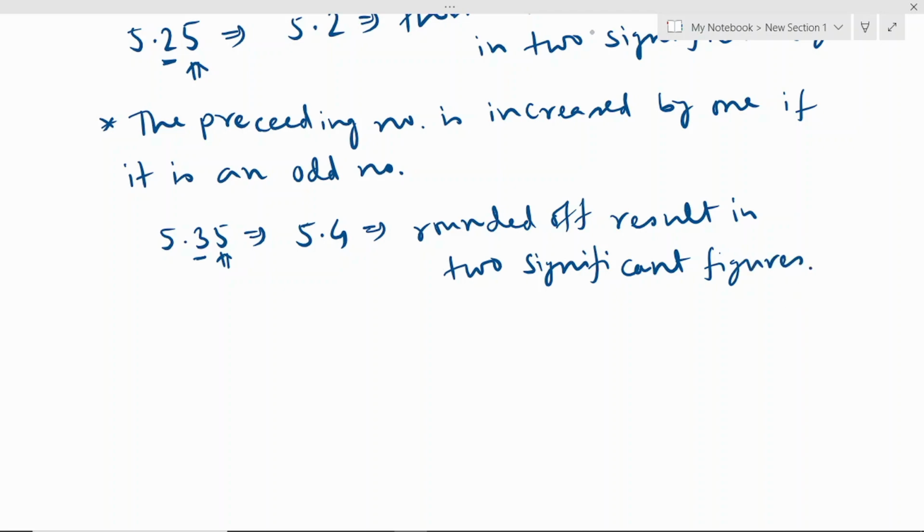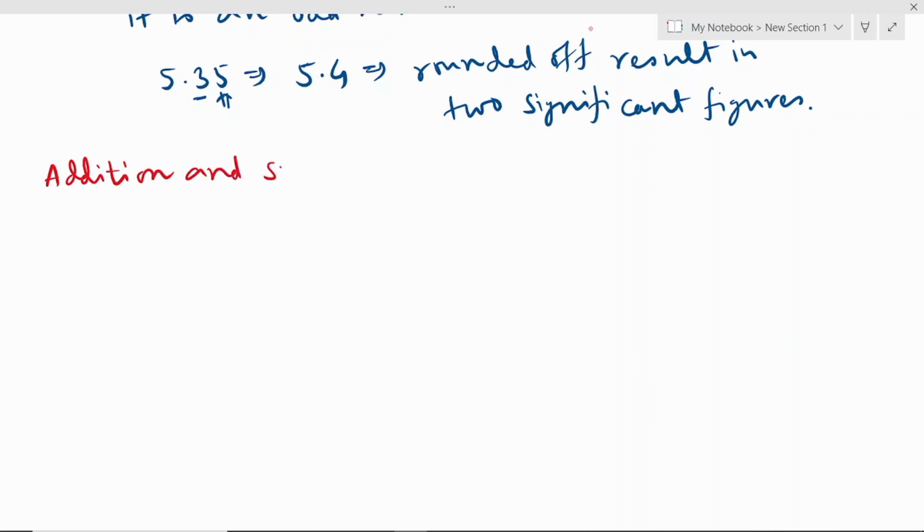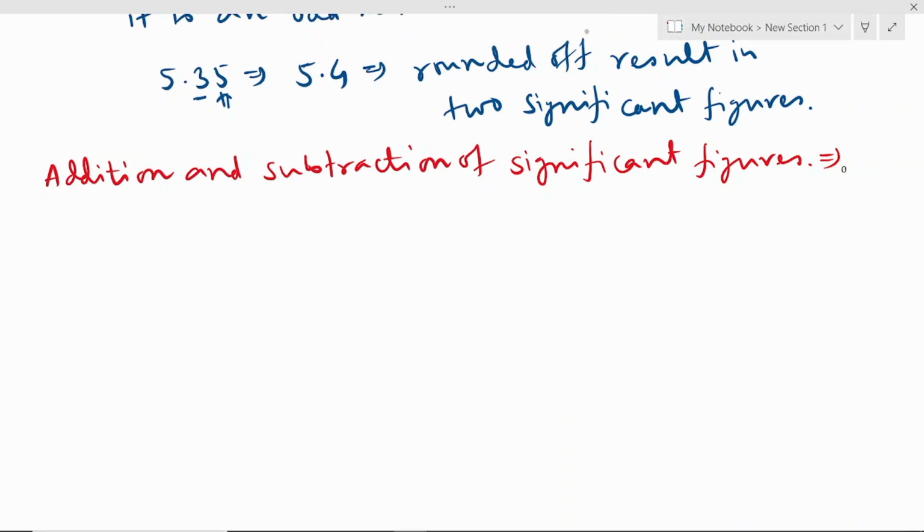So, addition and subtraction of significant figures, the next topic. We'll understand this with some examples.